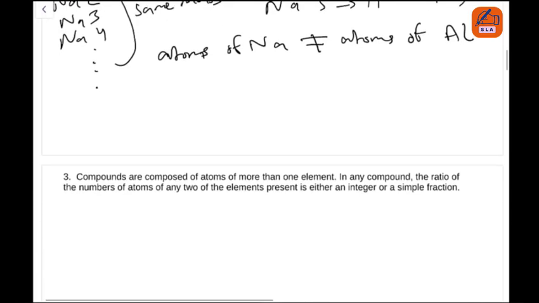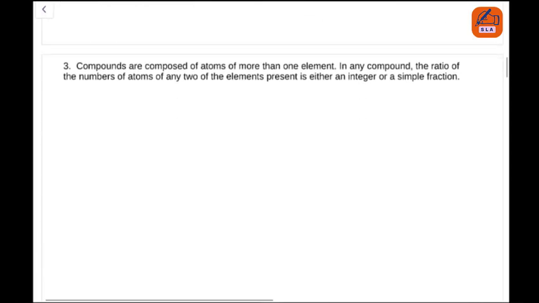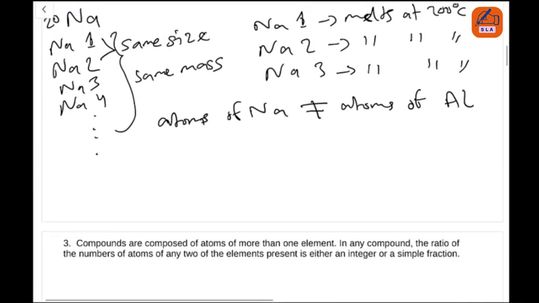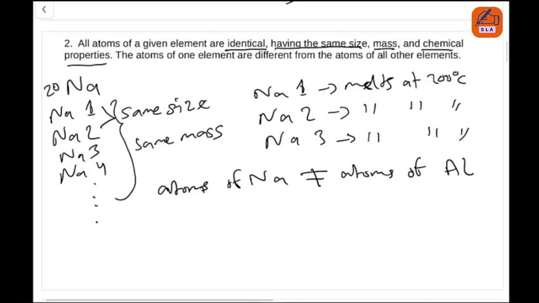Now moving on to the third law, but before we go to that, a simple analogy that you can use here, especially for being identical or having the same size and mass and chemical properties: we always do in computers, we copy and we paste. So you can think of it the same way.